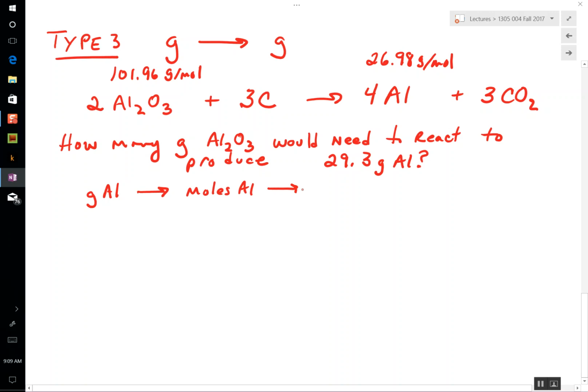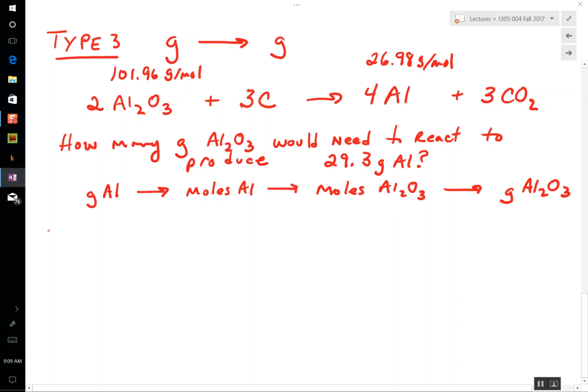How much aluminum oxide needs to go into this reaction? So grams of aluminum to moles of aluminum to moles of aluminum oxide to grams of aluminum oxide. Okay? So this is 4 little steps here.